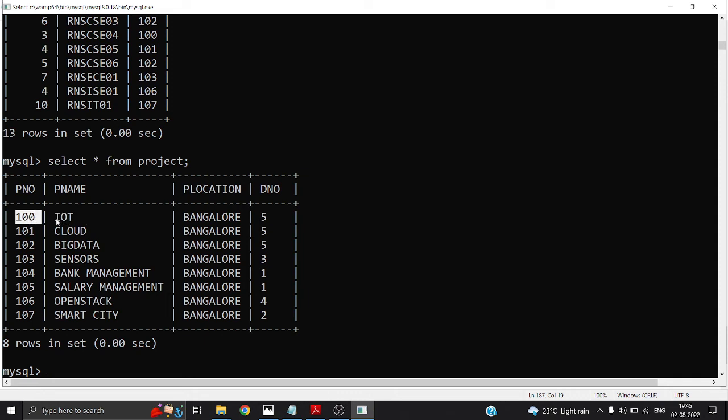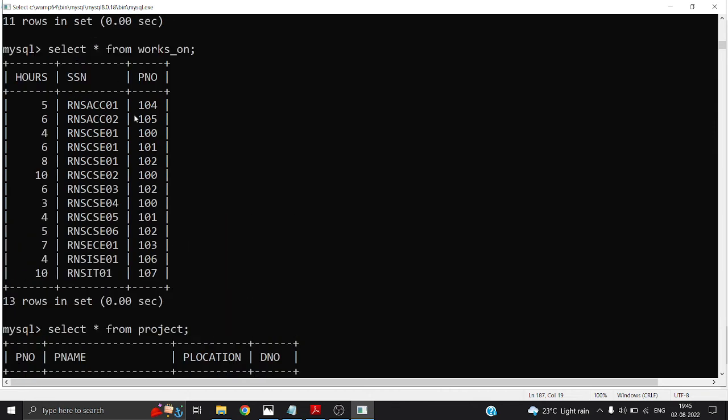By taking the first condition, IoT, we are able to get the project number information. By taking this 100, we are able to get to know who are the employees working on that particular project.